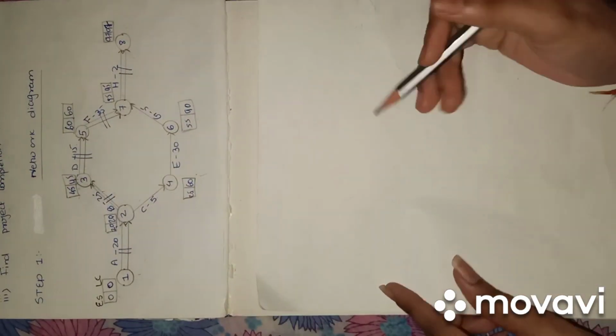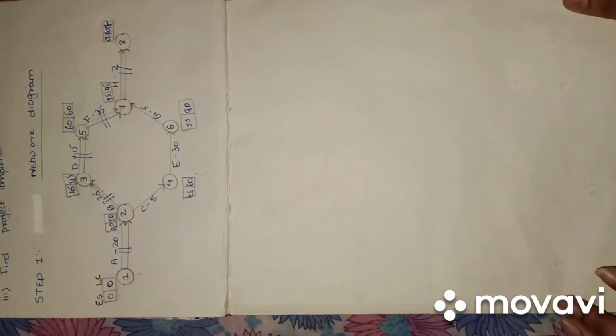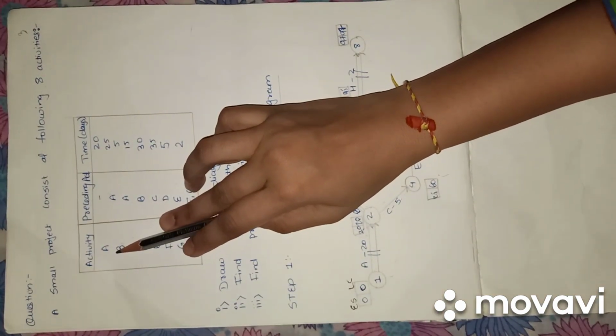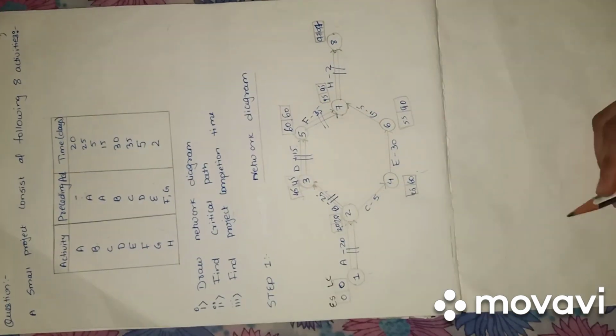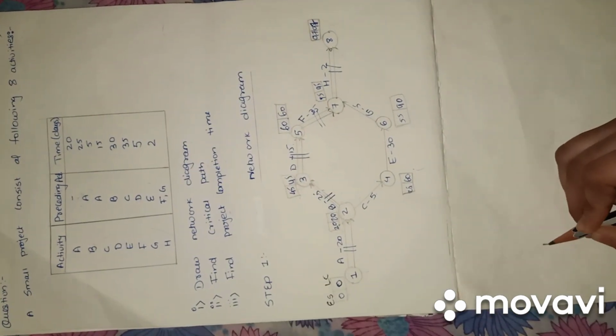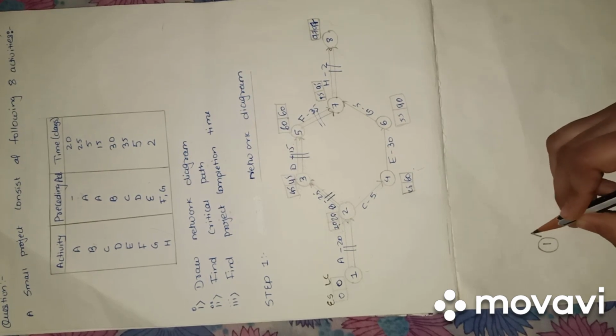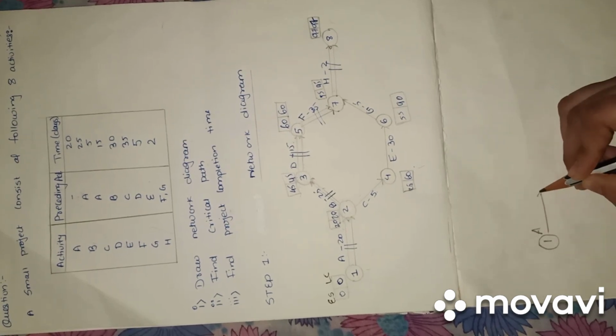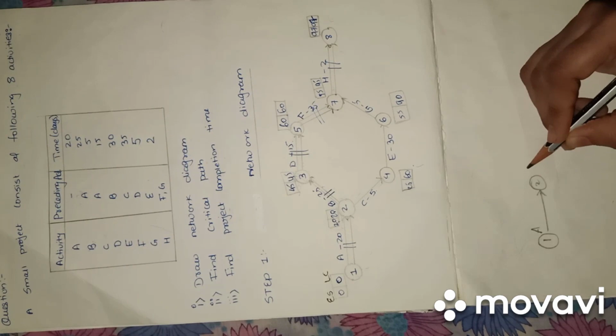The first activity given is A. There is no preceding activity, so first we draw activity A from node 1 to 2. A's time is 20.